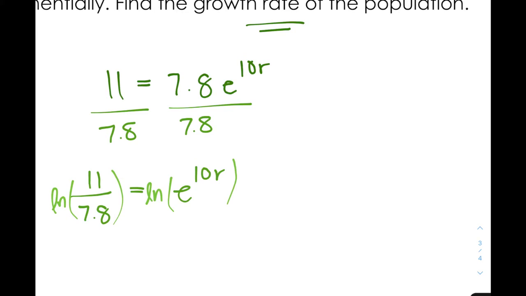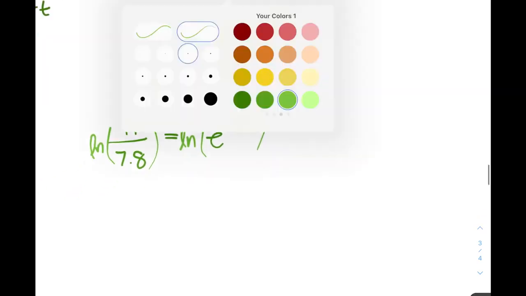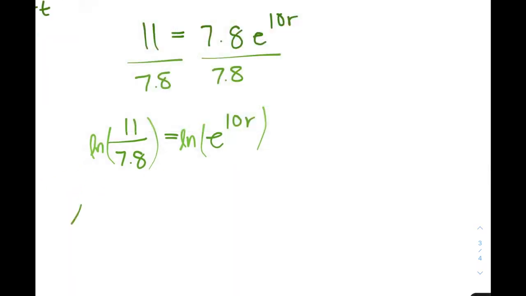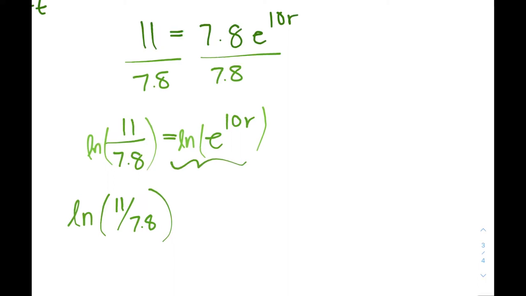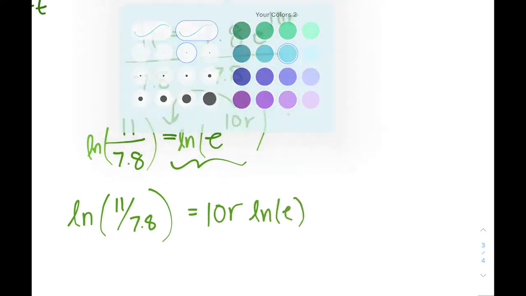You don't have to use natural log here, but it is so incredibly easier to use natural log, and we'll see why in a second, because we've got natural log of 11 over 7.8.